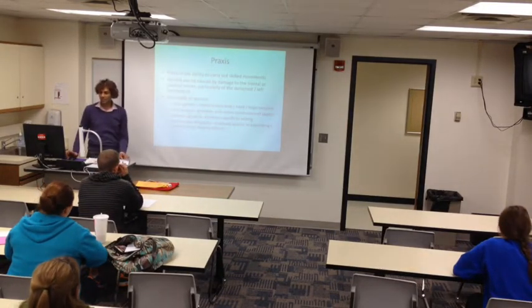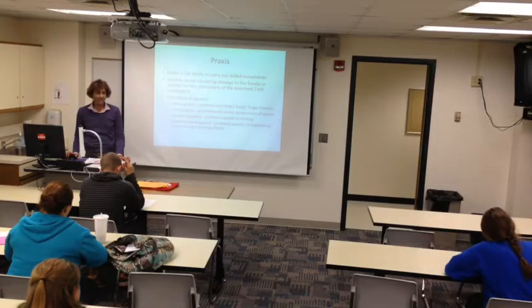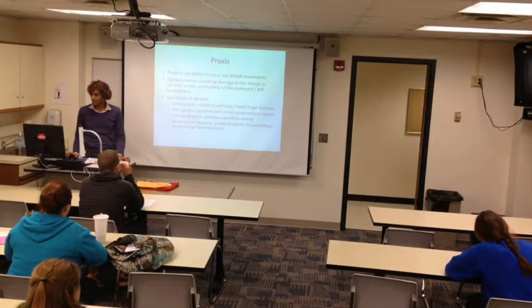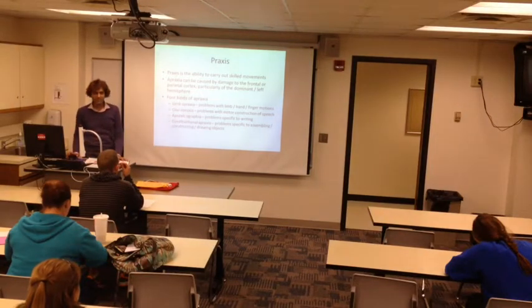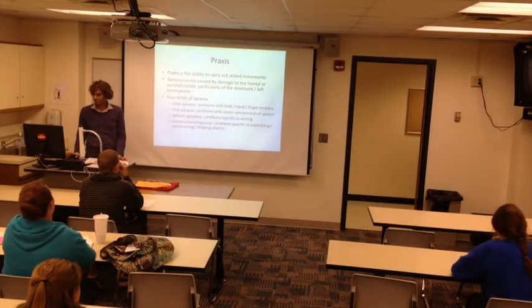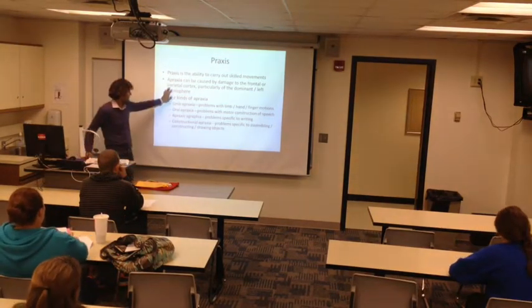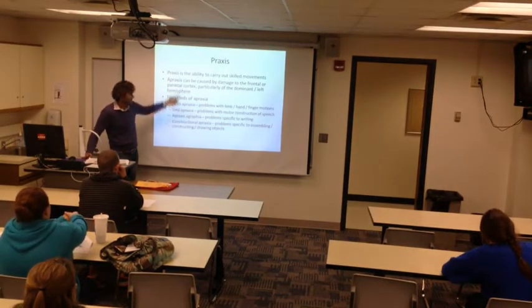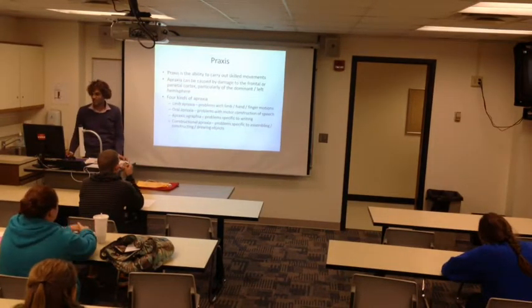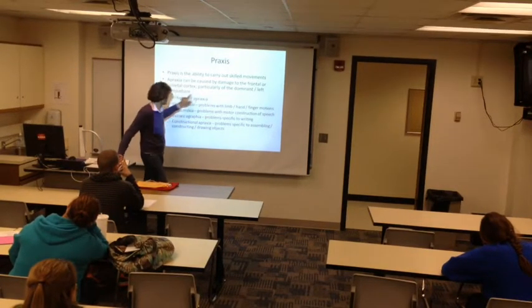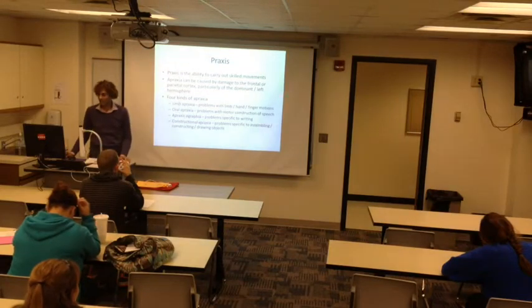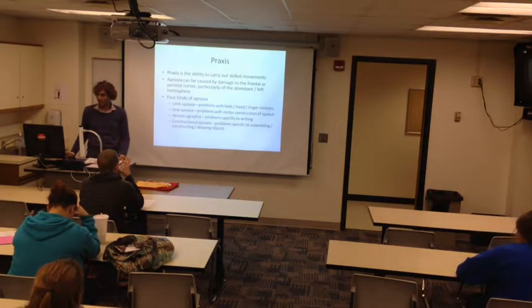Dyspraxia means that the praxis deficit is developmental. So for instance, kids would typically have dyspraxia, and older adults would typically have apraxia. So apraxia, which means loss of the ability to carry out sequenced skilled movements, can be caused by damage to the frontal lobe or the parietal cortex, and it's usually the dominant or left hemisphere in most right-handed people.